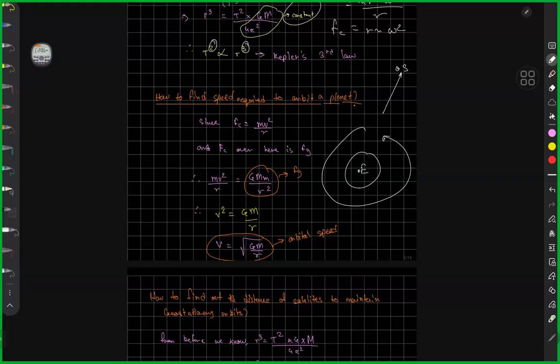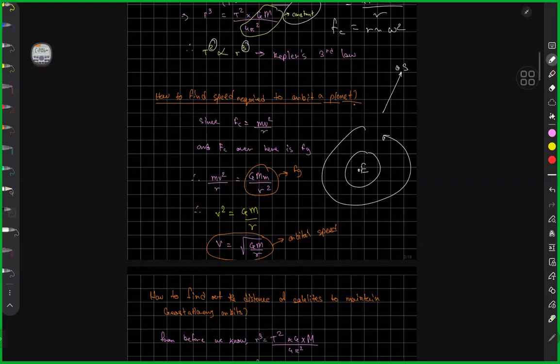So centripetal force is mv square by r, and Fc is being provided by gravity, the gravitational force Fg. So I equate both the centripetal force and the gravitational force. Again, a bunch of cancellation. What do you cancel? The small m.